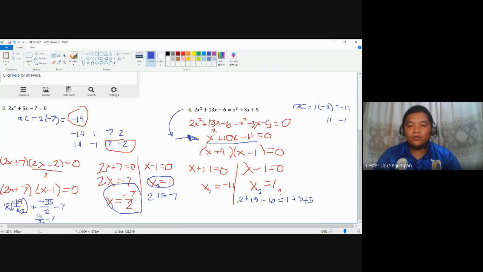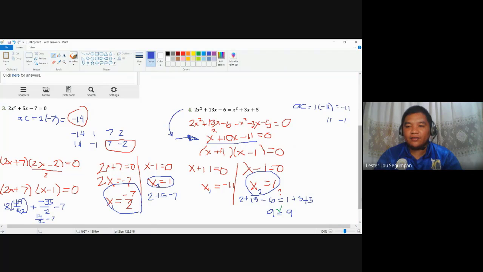And then you have 2 plus 13 is 15. Minus 6 is actually 9. The other side, 1 plus 3 plus 5 is actually 9 as well. Now that the two sides are the same, you can be sure that this is a correct root or a correct solution. But for negative 11, this would take time.